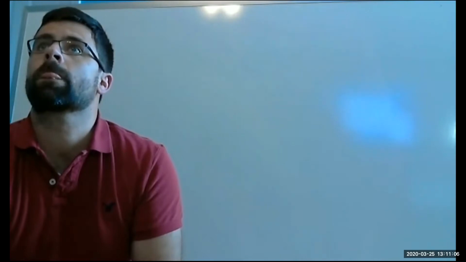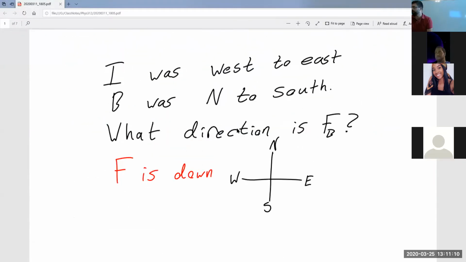Also with this, I was gonna kind of go back over what we had been discussing, which is magnetism, Chapter 19, and this was one of the quizzes that we did.